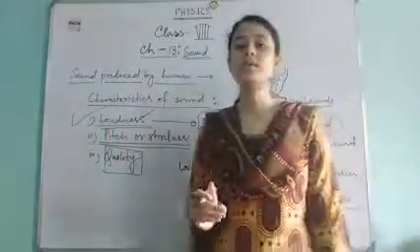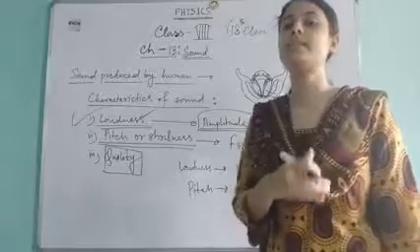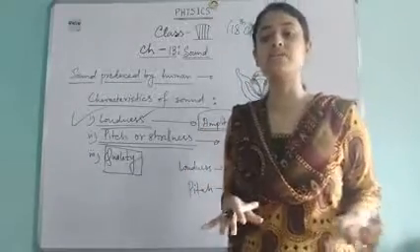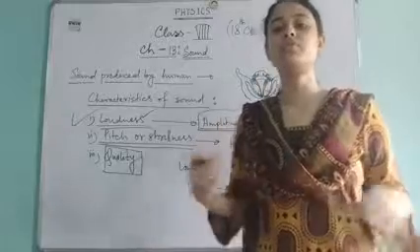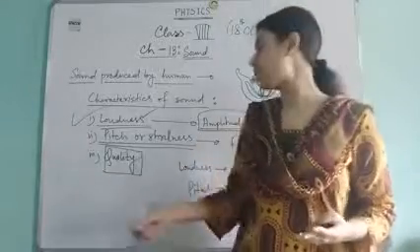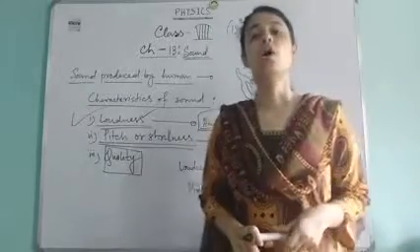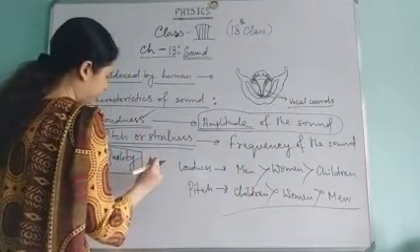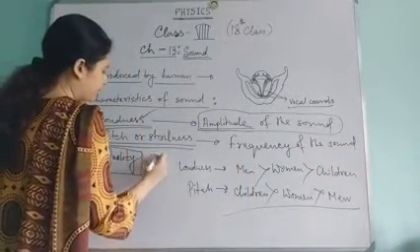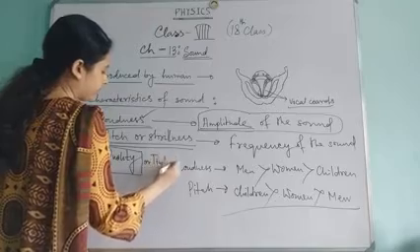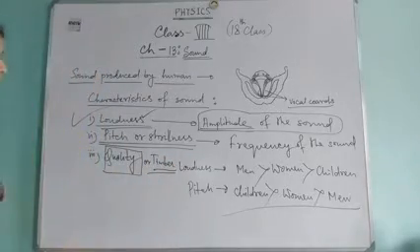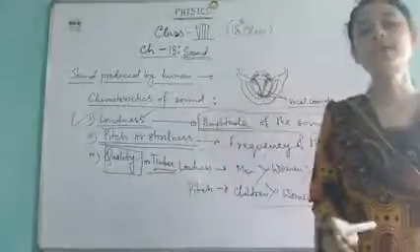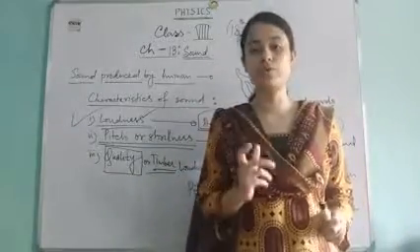Suppose a sound is coming from a tabla and another sound is coming from a guitar. Both are of the same loudness and same pitch. Then also we are able to distinguish between the two sounds only because of this third characteristic, that is the quality. Another name of this is timbre. Actually this quality or timbre comes from the tone.